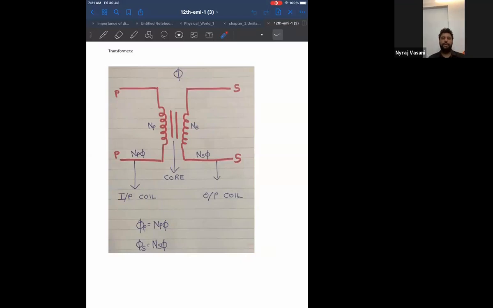Below transformers, write down: transformer is a device which transforms the input voltage.